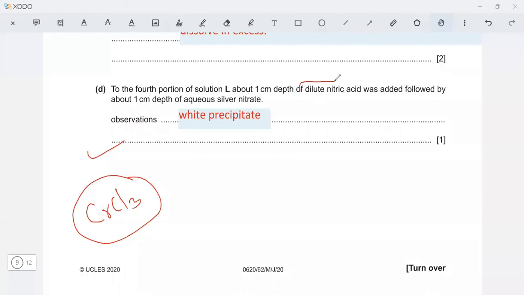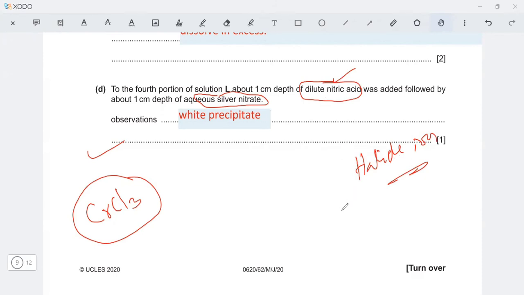So basically this dilute nitric acid and silver nitrate are used to determine the presence of anion. Okay, so basically for halide ions, we use dilute nitric acid and silver nitrate together.